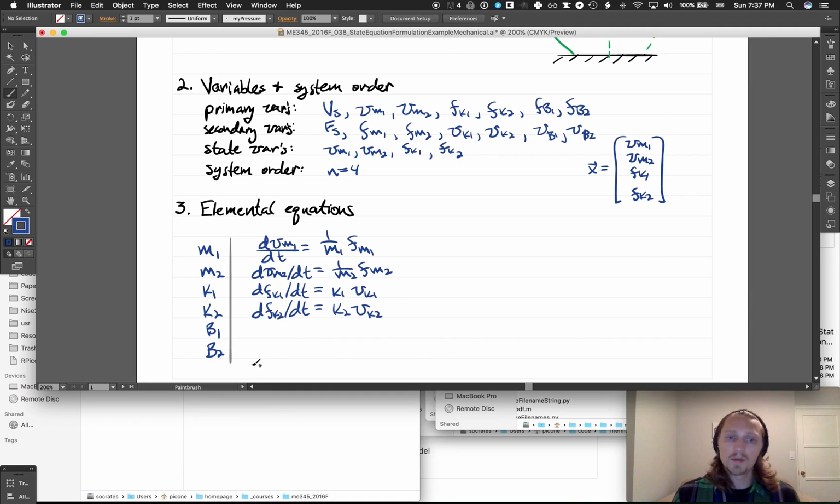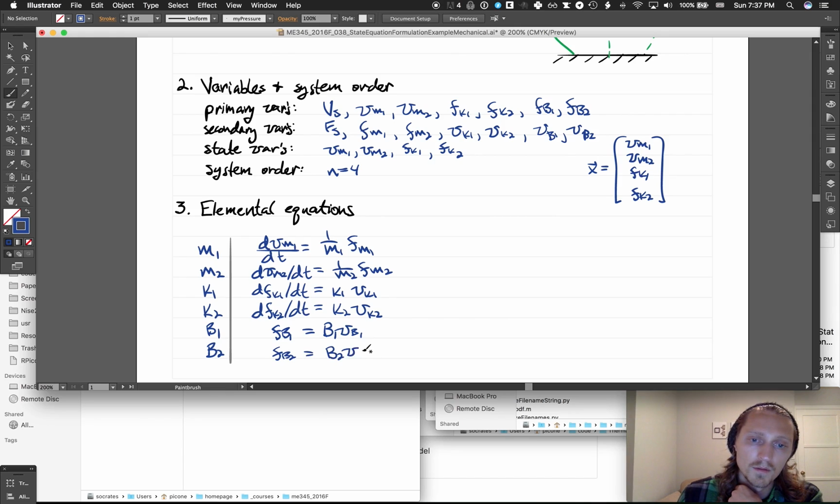For a damper, linear damper, we have that the force is proportional to the velocity. So we have Fb1 equals b1 times Vb1. And Fb2 equals b2 Vb2. Okay.